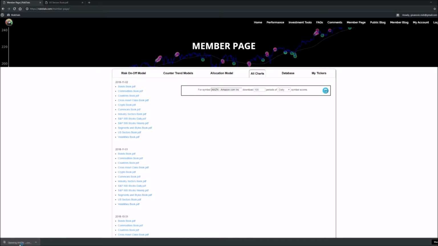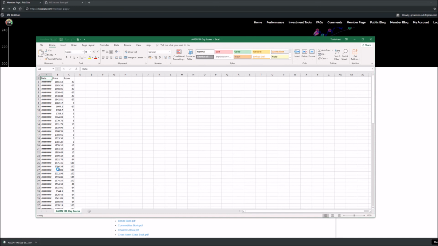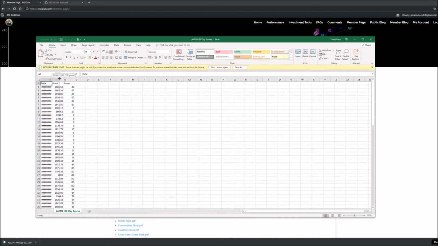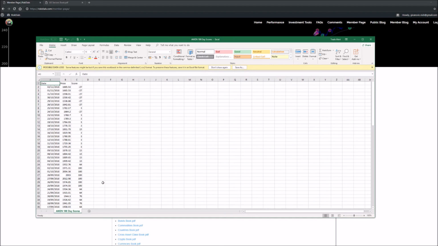You can open that score and a file will open showing you the exact scores for Amazon for the past 100 periods as you requested. And here we are. Here is the score for each individual date and the price of the security.